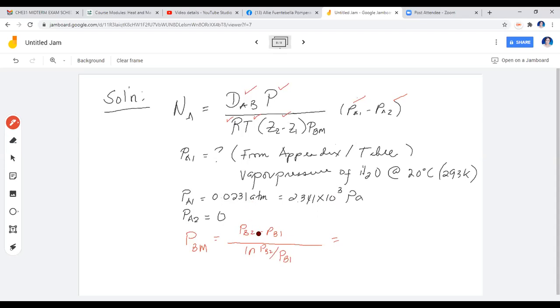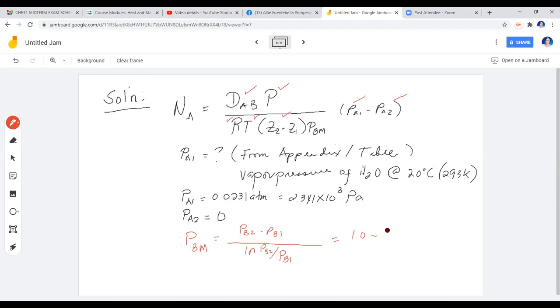So in the case of PB2, this would be 1.0 because we don't have A at 0.2. We don't have vapor pressure due to A at 0.2, so it's all B. So you have 1.0 and we have minus. In the case of PB1, this should be subtracted from the total pressure, which is given in the problem.